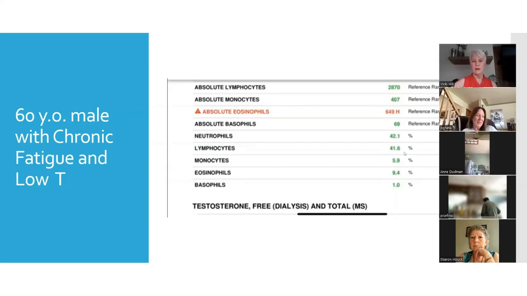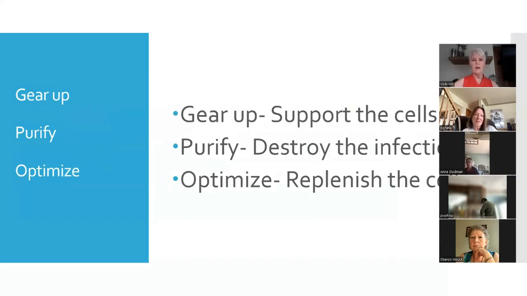So what do we do with this guy? What we do is, first of all, you cannot just go in and kill what's in there. Most people are like, yeah, kill it, get rid of it. I'm like, okay, no, we don't want to do that. We want to kill it, absolutely. But first, the people I've got coming to me, their bodies are depleted.